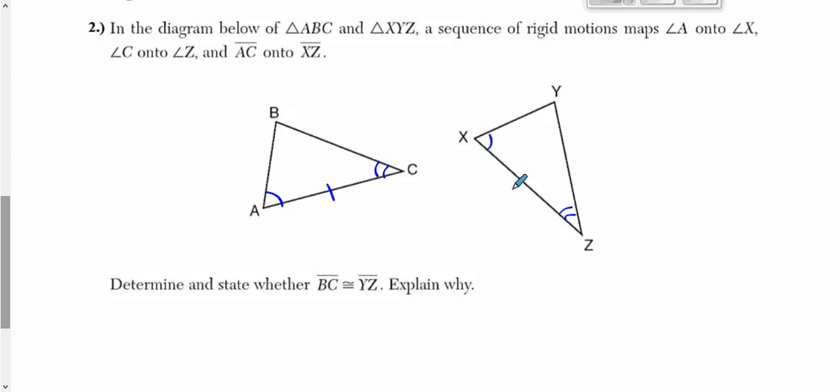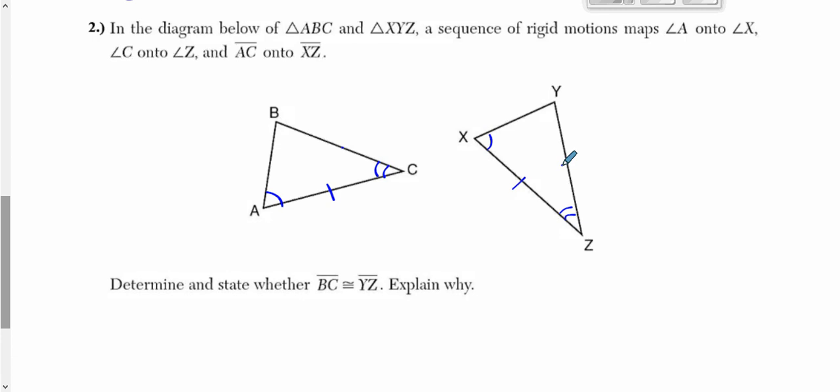So would BC be congruent to YZ? Yes, because of rigid motions. If BC was congruent to YZ, the triangles would have to be congruent, and BC and YZ would have to be corresponding parts.